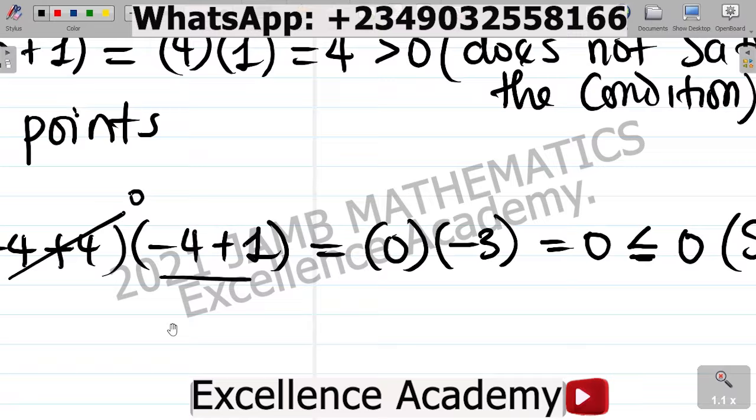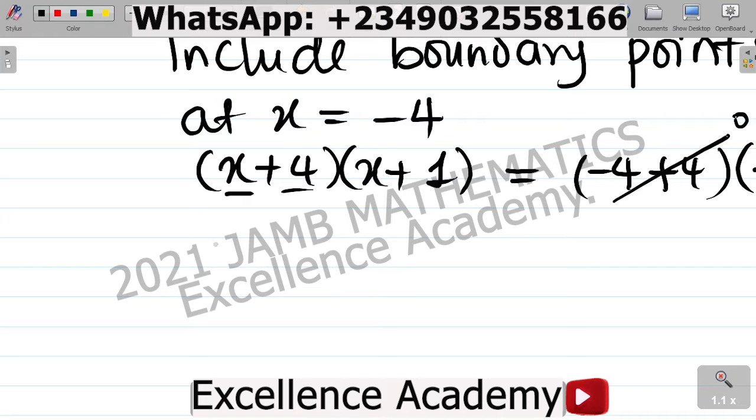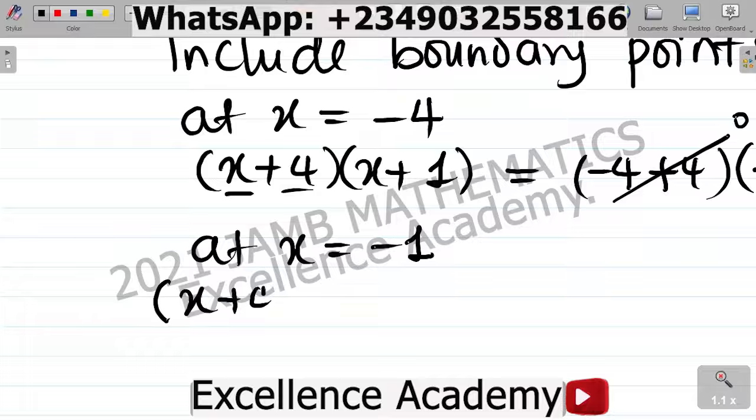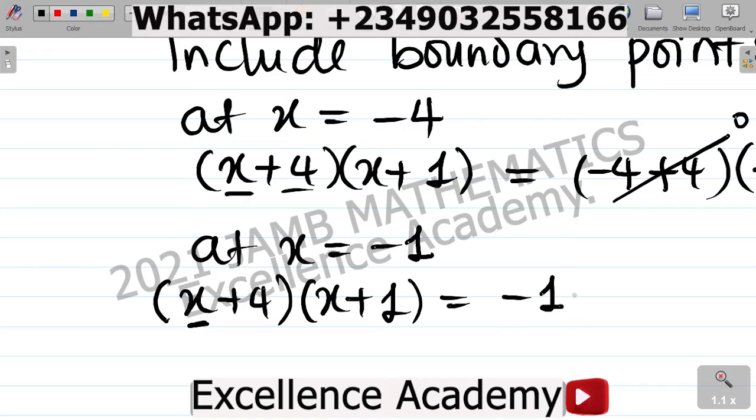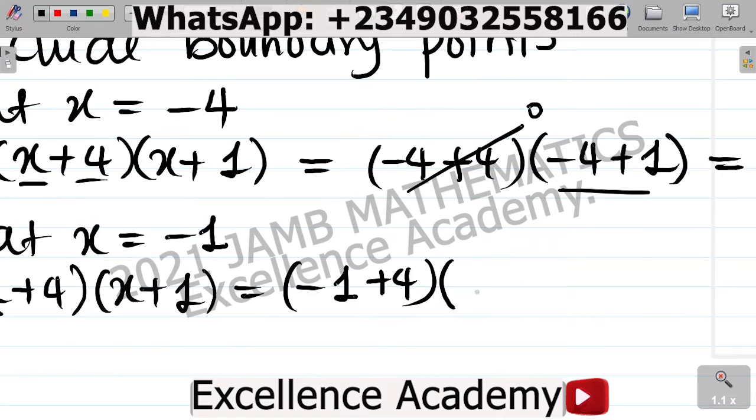Now let's pick the other boundary point. The other boundary point is at x equal to minus 1. When x is equal to minus 1, we have the function x plus 4 into x plus 1. Simply put x as minus 1: minus 1 plus 4 into minus 1 plus 1.